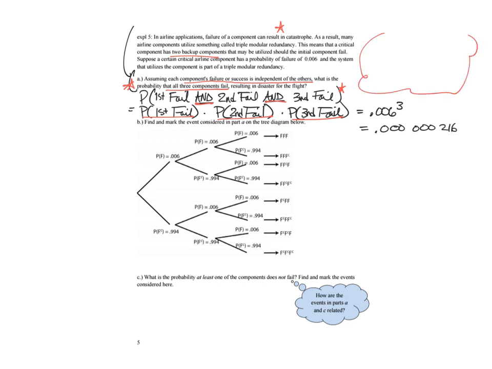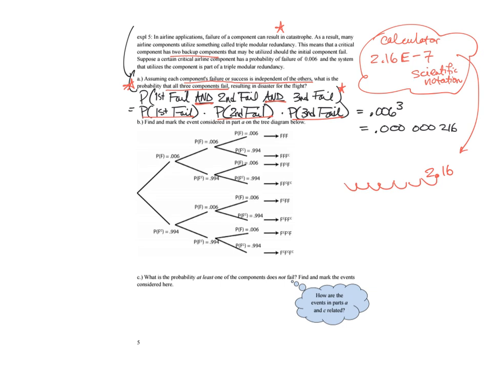Now, technically, my calculator actually gave me 2.16 e negative 7, which you've got to be aware is the way your calculator shows scientific notation. What I did to interpret that is I took the decimal place, which was in between the 2 and the 1, I moved it to the left 7 places and then filled in zeros, and you'll see that that's what I ended up with up here.